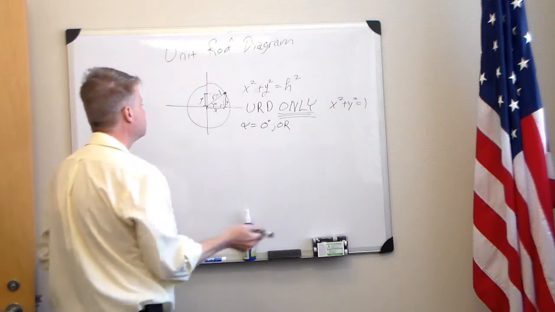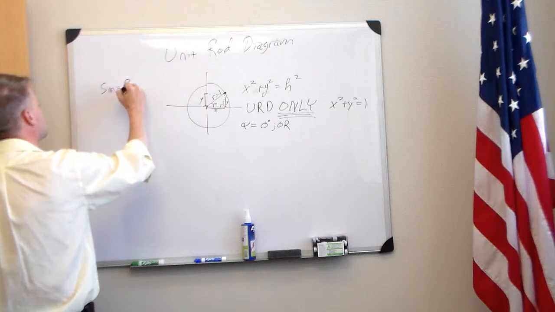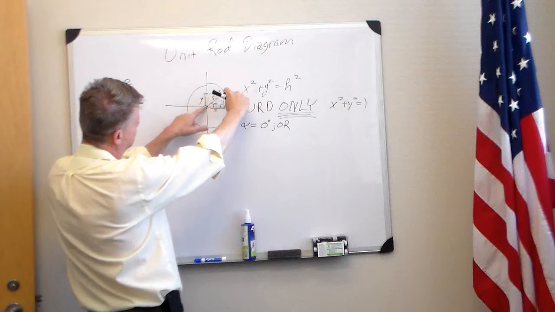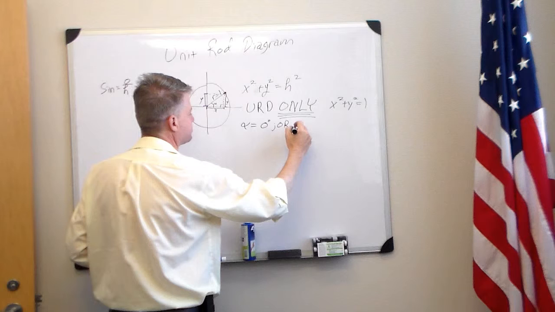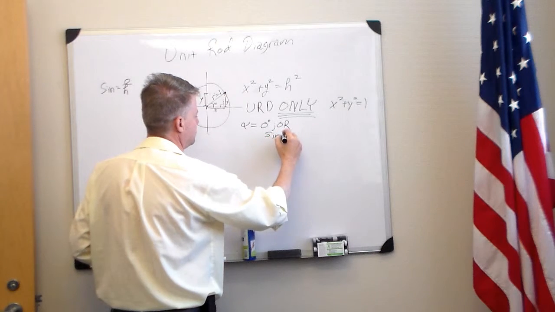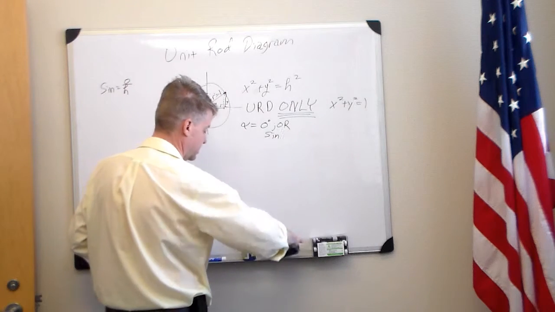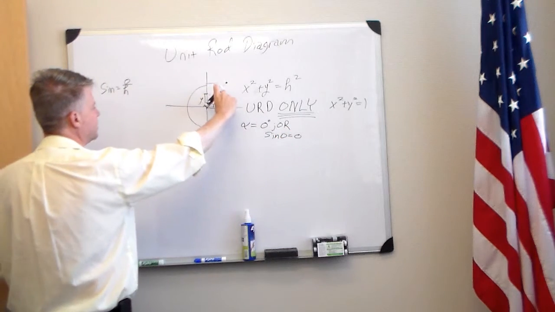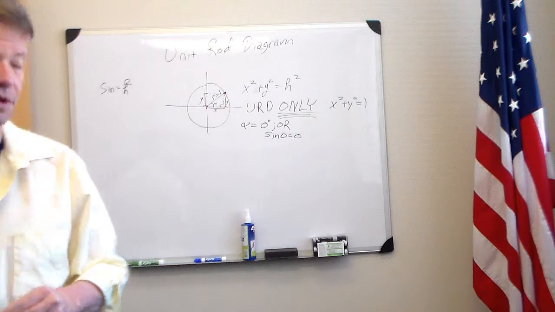Sine, recall, is opposite over hypotenuse. Well, if you take this angle to 0, the opposite, which is the value of y, goes to 0. Therefore, in this case, the sine of 0 is equal to 0. Because the opposite length has gone to 0. And 0 over the hypotenuse, 0 over 1 equals 0.